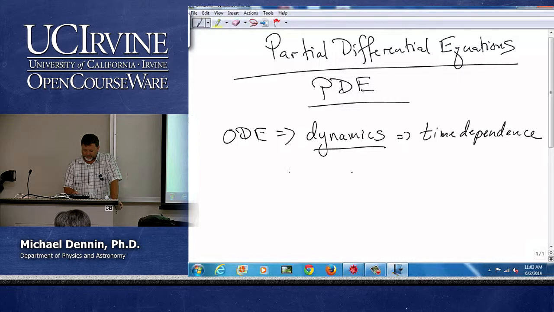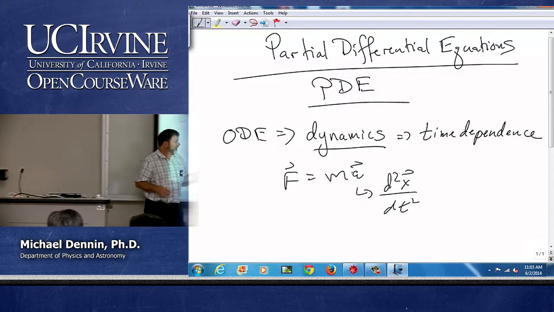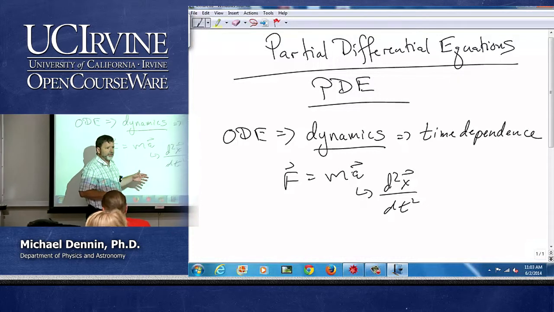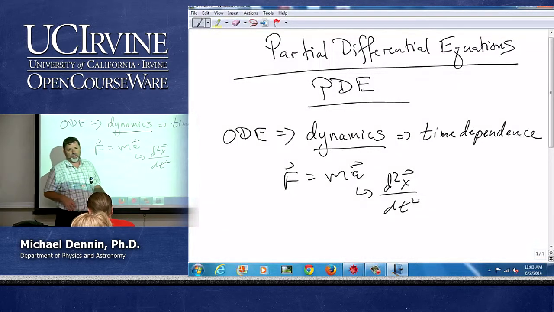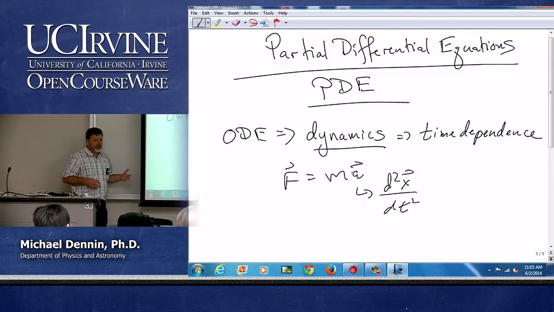The classic in physics is F equals ma, where we're dealing with the time dependence of position. But you can also think of chemical reactions, where you're just considering a basic rate equation. You can think of population dynamics, where again, you're thinking of it in time.